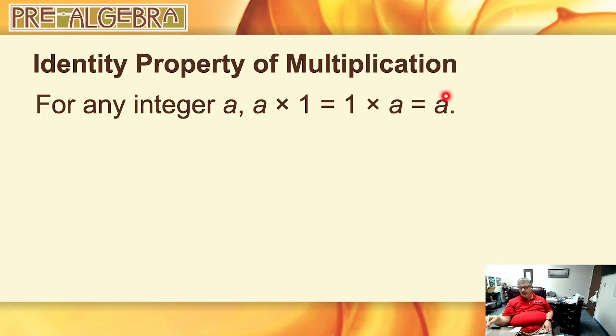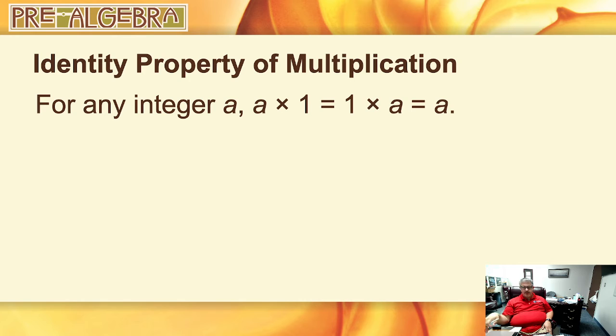We always love the ones family in multiplication because 1 times 1 is 1, 2 times 1 is 2, 3 times 1 is 3, 4 times 1 is 4. Any number times 1 is going to give you that number. It's the identity property of multiplication. So that is what's taking place here.